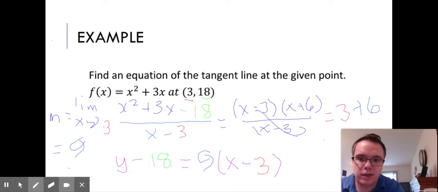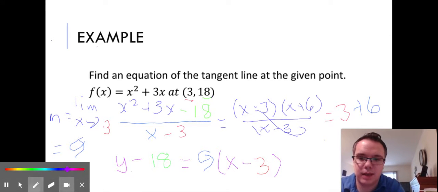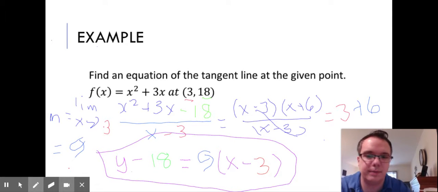And so the equation to my line in point slope form is y minus 18 equals 9 times the quantity x minus 3. And that is our answer for our tangent line.